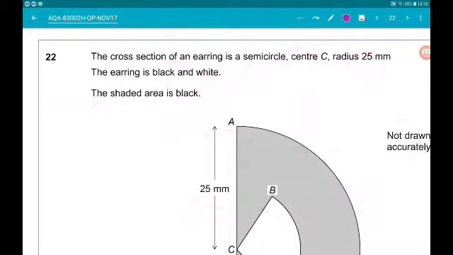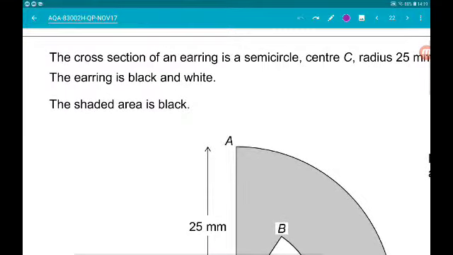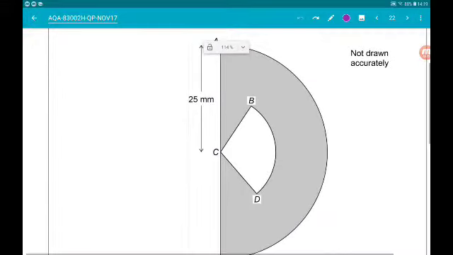Okay, question 22, a 5 marker. So we've got the cross-section of an earring is a semicircle, centre C with a radius of 25 millimeters. The earring is black and white. The shaded area is black.